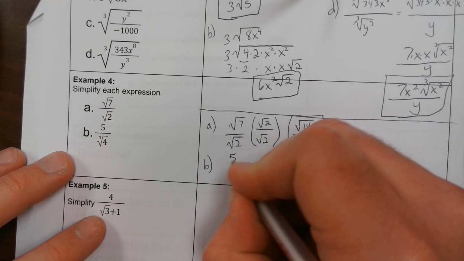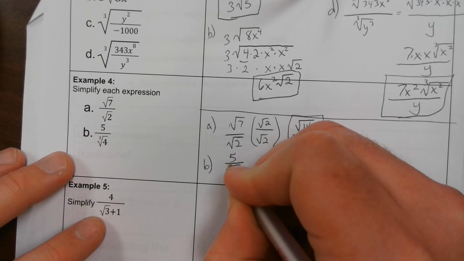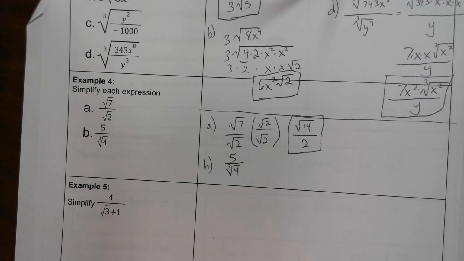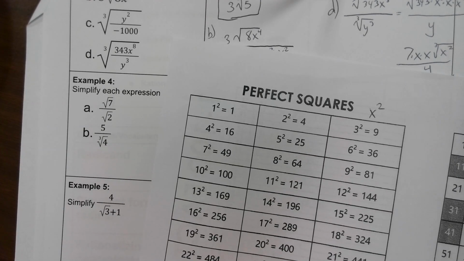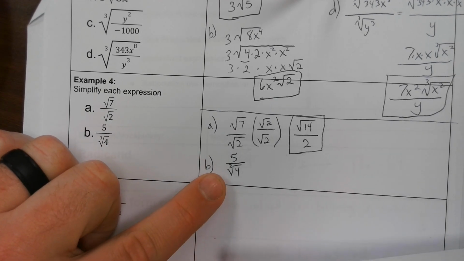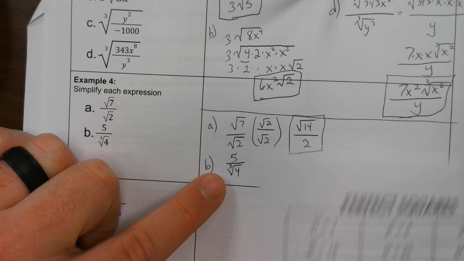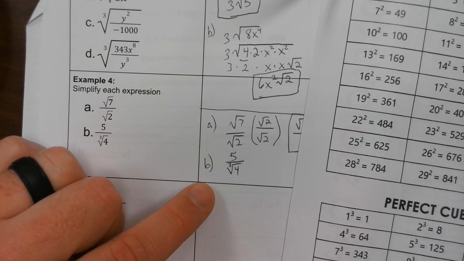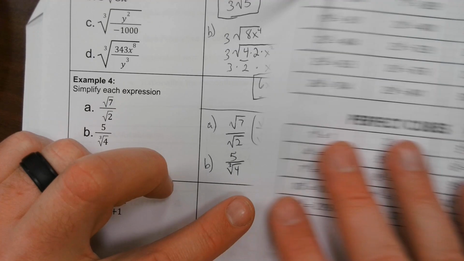Part B, I have 5 over the cube root of 4. So I have a cube root on the bottom. I'm not allowed to have that. So I'm going to try to make that into a perfect cube. I have 4, and I'm going to look at my list of perfect cubes.